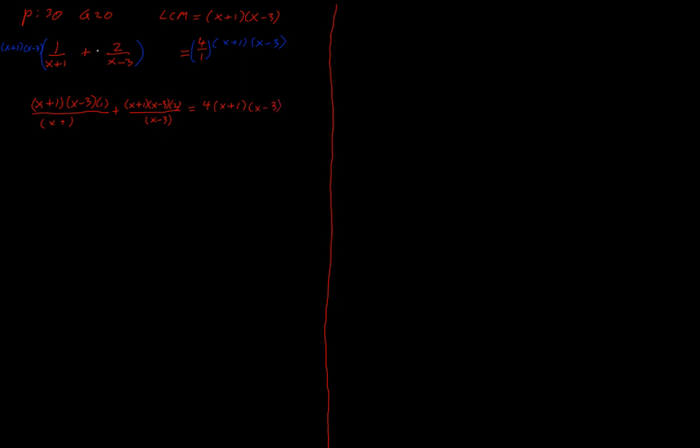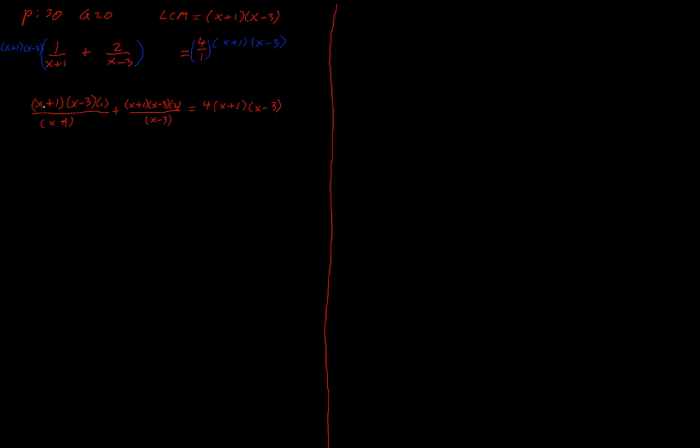So all I've done is multiply both sides of my equation by my lowest common denominator, or the lowest common multiple of my denominators. Now what I can see here that makes my life easier, and the reason why I did that, is that I am now able to get rid of all of my fractions, because in each of these fractions I am going to be able to divide out the denominator.